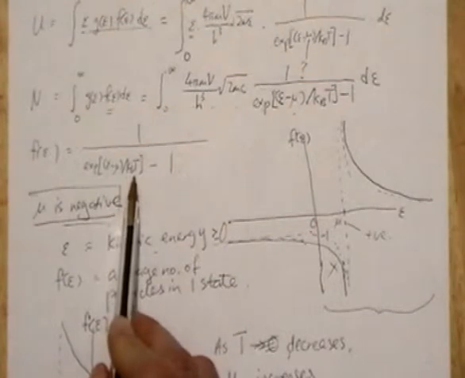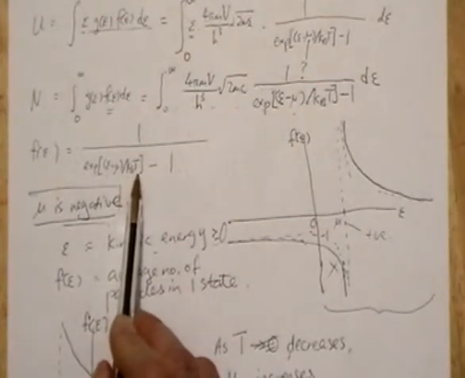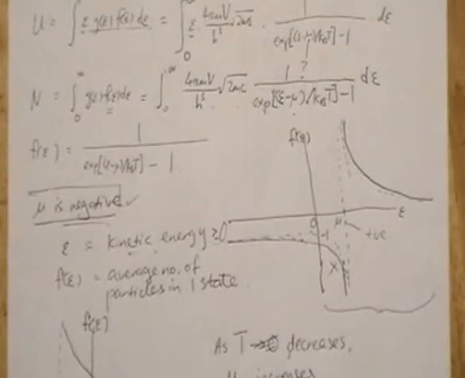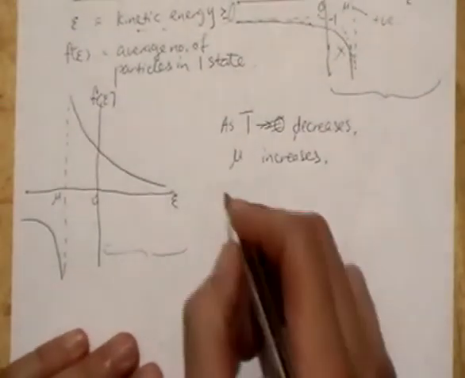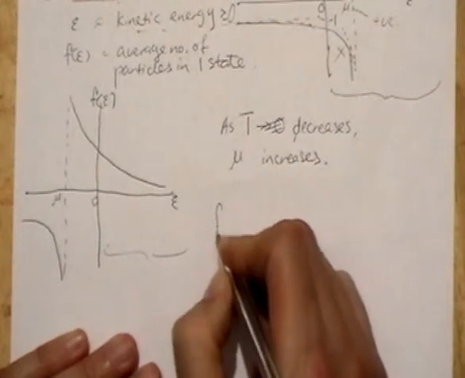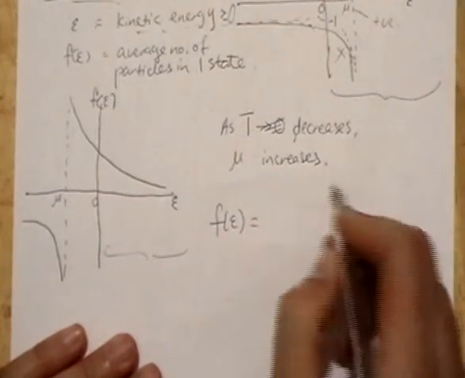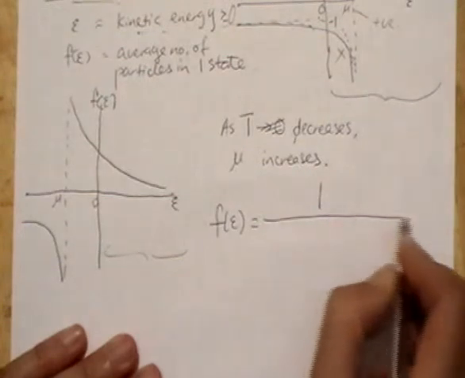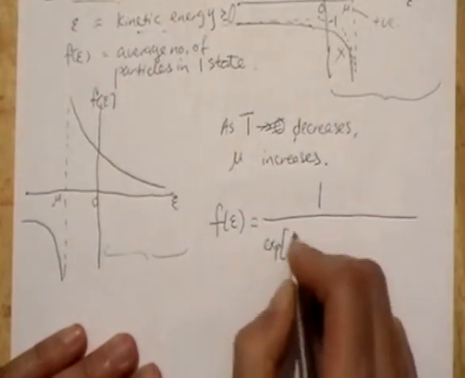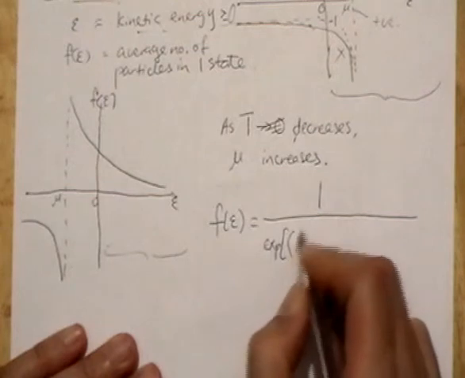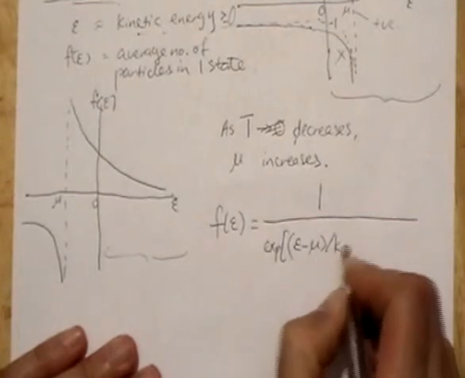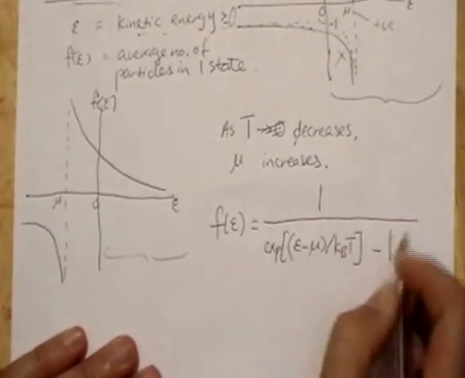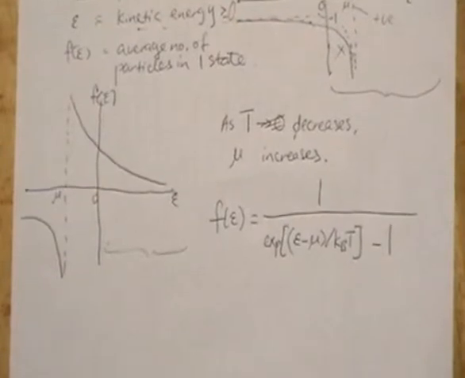Now if T decreases, T is in the denominator of the argument. Okay, let me write this out again more clearly. Now Fe is equal to 1 over exp of E minus mu over k b T, minus 1. Okay, that's clearer.